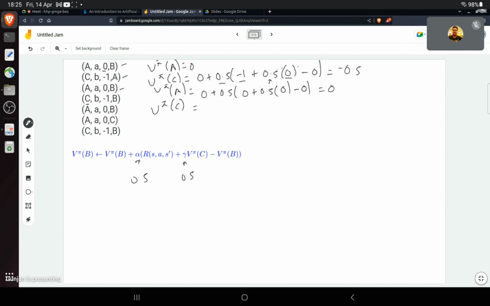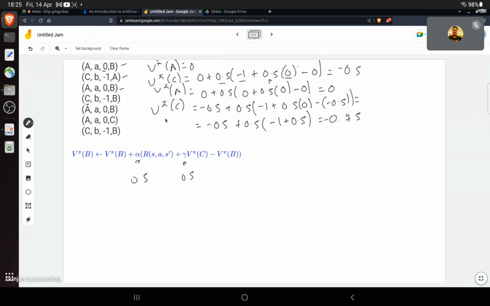So this is v pi of c, earlier negative 0.5, plus 0.5 times the reward that we get, which is minus 1, plus 0.5 times 0 minus minus 0.5, right? So this will be equal to minus 0.5 plus 0.5 times minus 1 plus 0.5, right? So this will be minus 0.75.